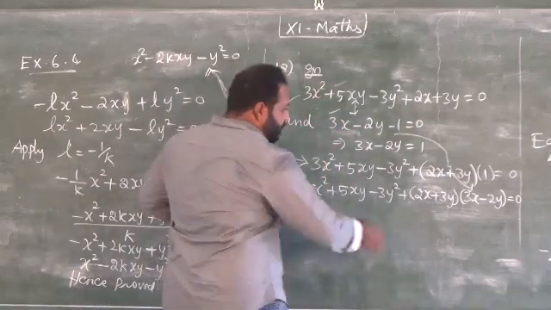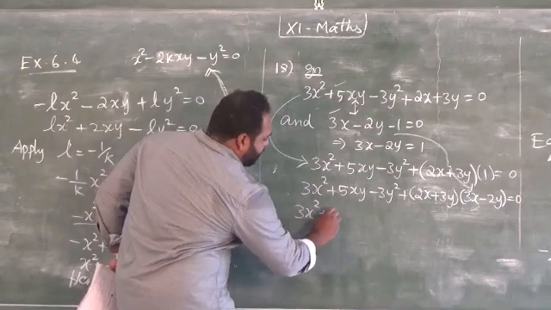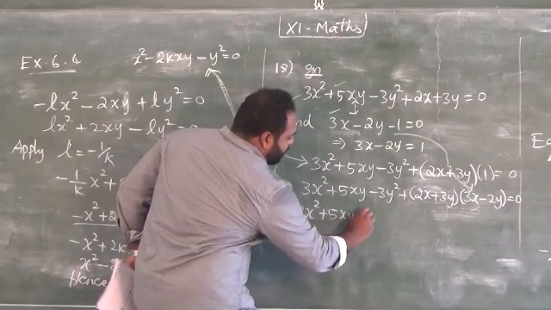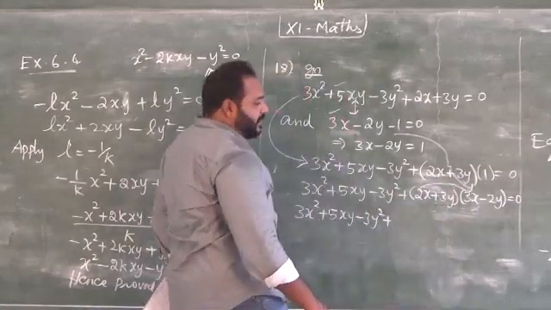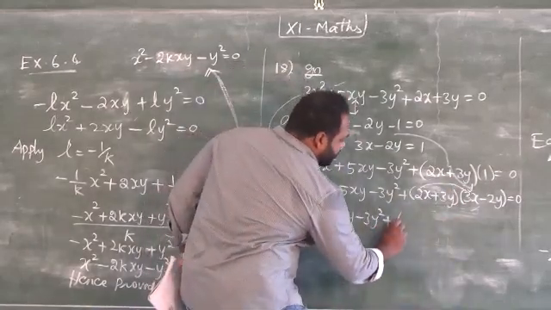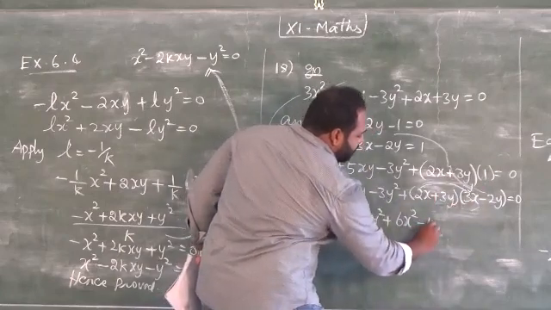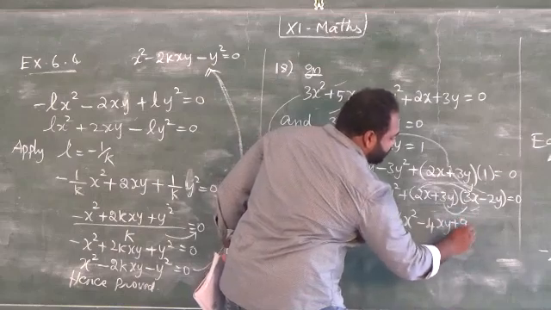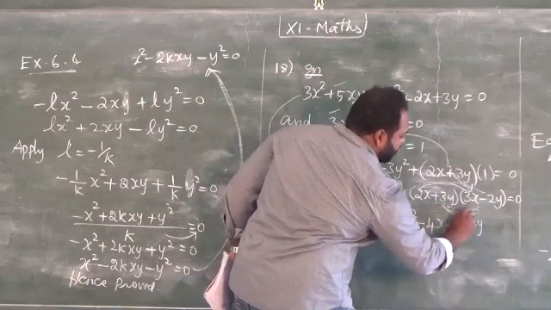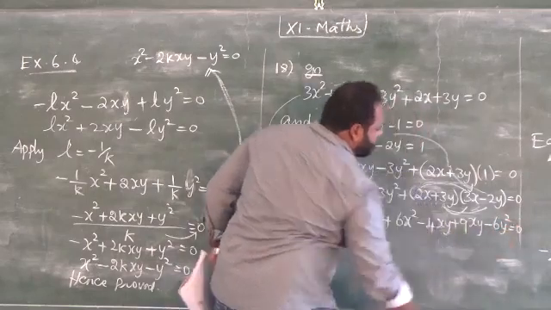Now I am going to multiply these two factors. So 3x square plus 5xy minus 3y square plus, we know how to multiply: 2 into 3, 6x square, 2 into minus 2, minus 4xy, here plus 9xy, here minus 6y square equal to 0.